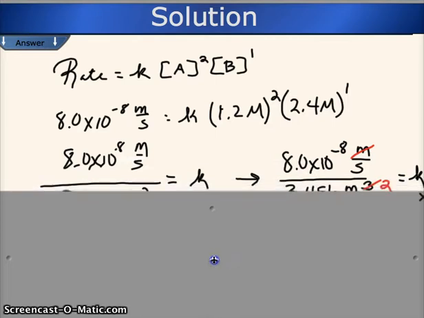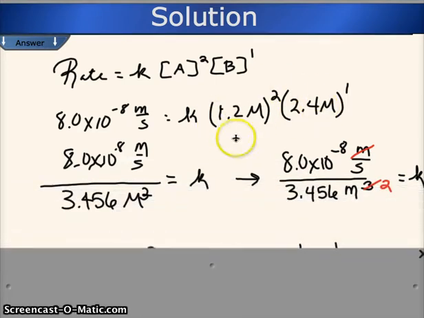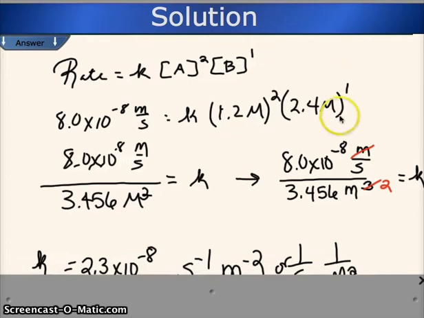As I simplify this, I found that it's 3.456 M cubed, because this is M squared, since it's 1.2 times 1.2 and M times M, and then I'm also going to multiply that times 2.4 M, which becomes M cubed.